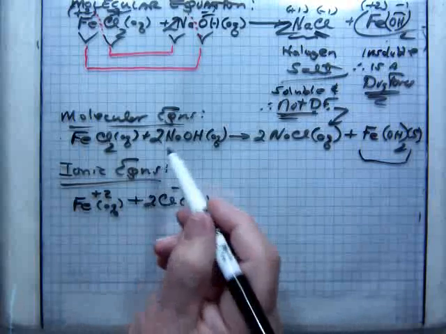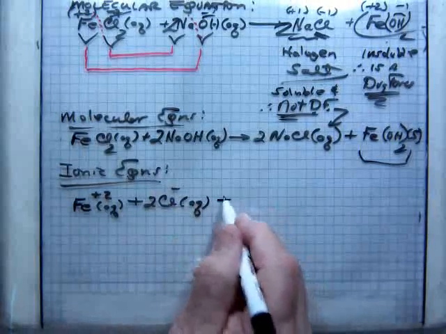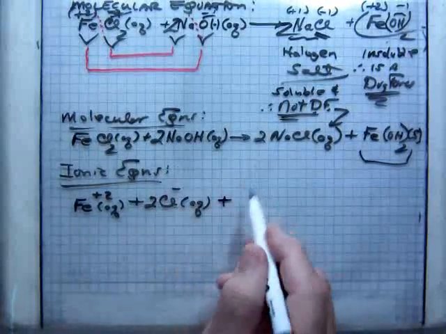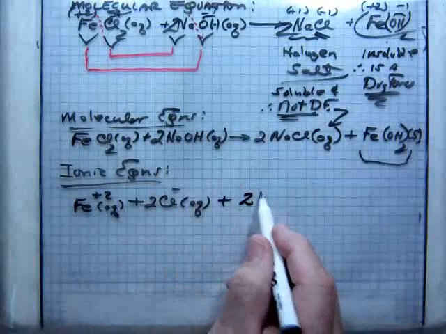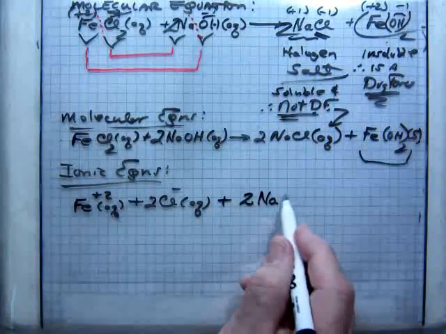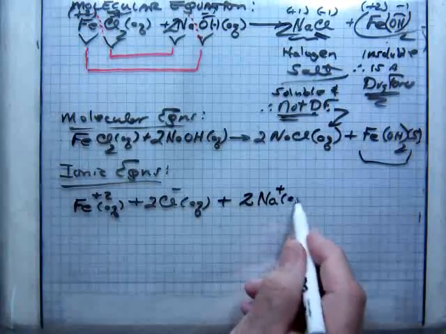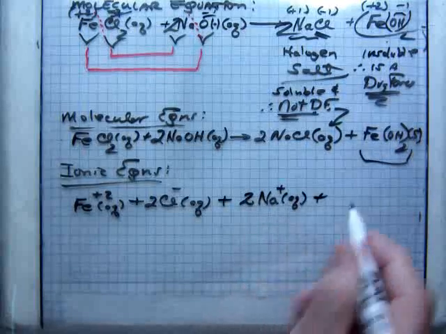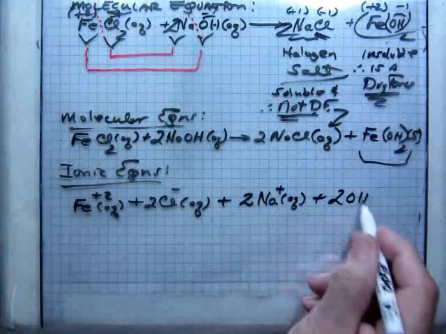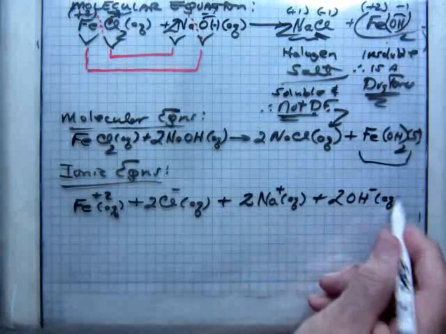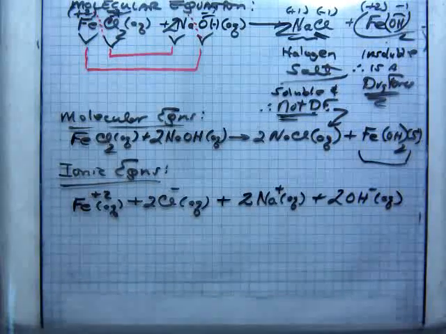Same way with sodium hydroxide, except it has a coefficient of 2, and so it has 2 sodium ions plus 2 hydroxide ions, and those are in solution also.